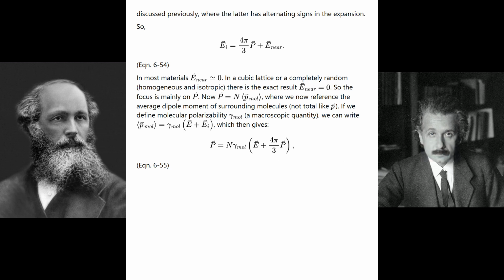Now P equals n times the left angle bracket p sub mol right angle bracket, where we now reference the average dipole moment of surrounding molecules, not the total like P. If we define the molecular polarizability gamma sub mol, a macroscopic quantity, we can write the left angle bracket p sub mol right angle bracket equals gamma sub mol times E plus E sub I, which then gives equation 6-55.